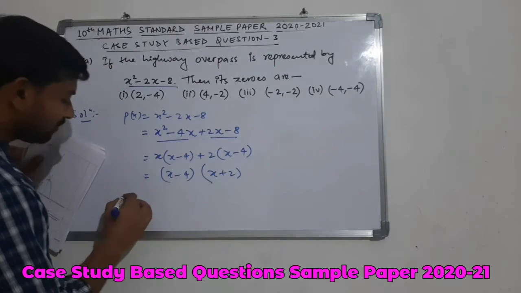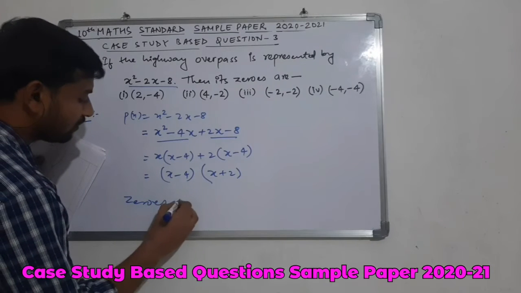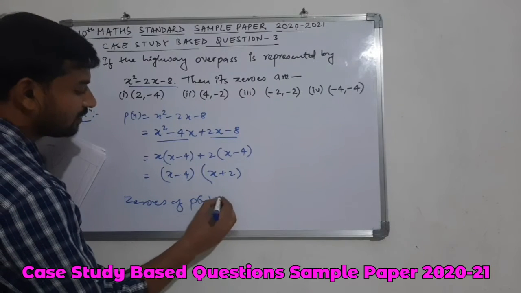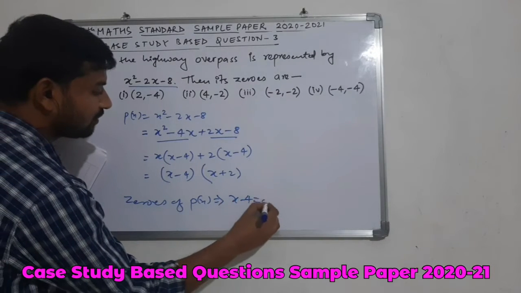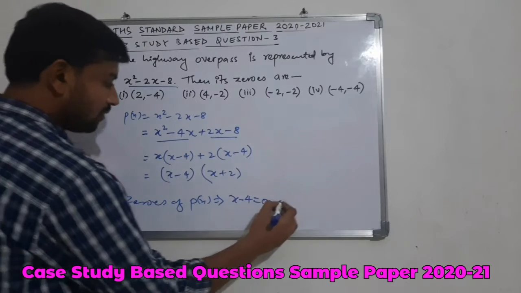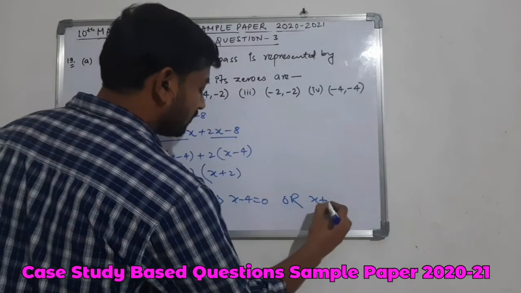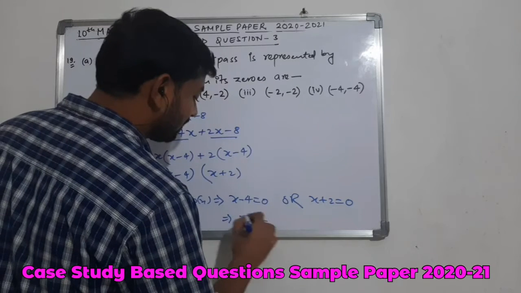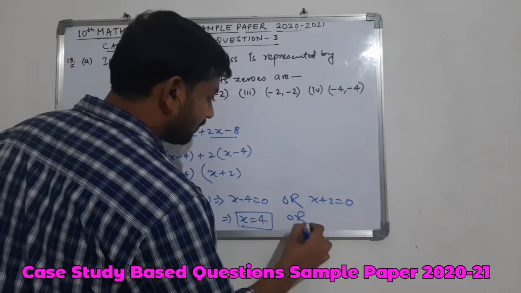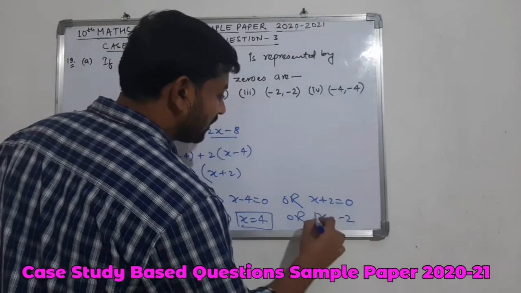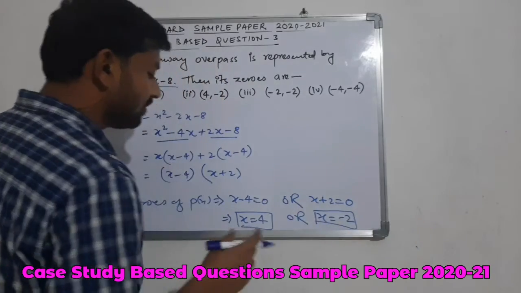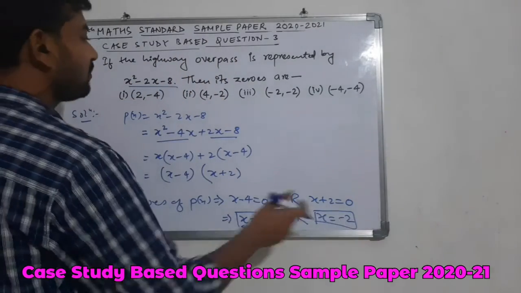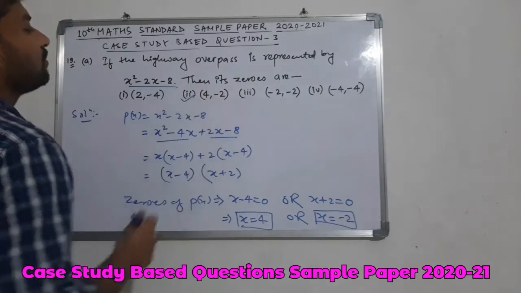So when we talk about the zeros, the zeros of p of x is x minus 4 is equals to 0, or x plus 2 is equals to 0. So from here we are getting the value of x as 4, or x is equals to minus 2. So here clearly we have 4 and minus 2, which is your second option.